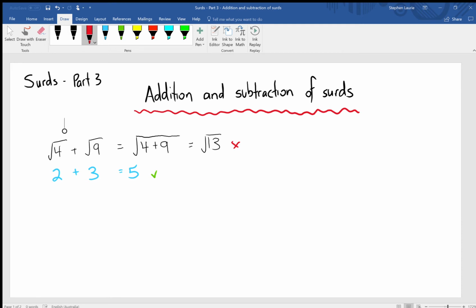Right, so what we can see from something like this is that if we have the square root of x plus the square root of y, where x and y are different numbers, this is not equal to the square root of x plus y. And the same for subtraction. Okay, we can't just combine them.